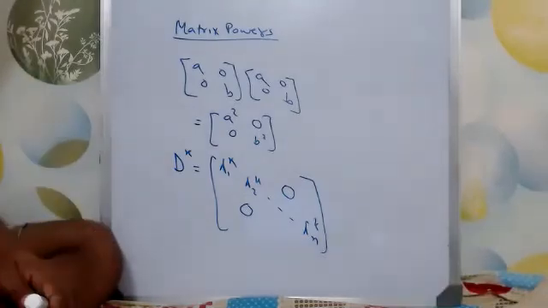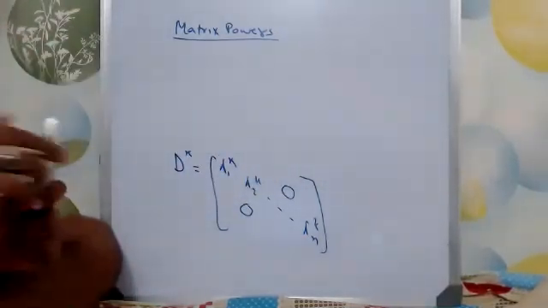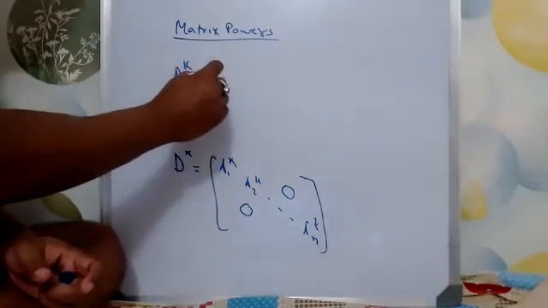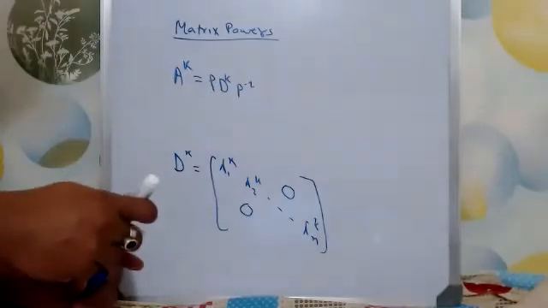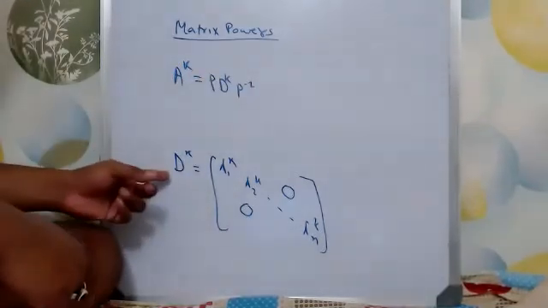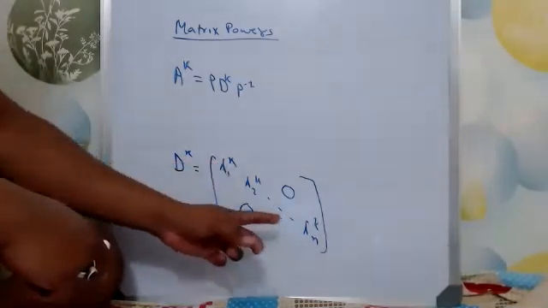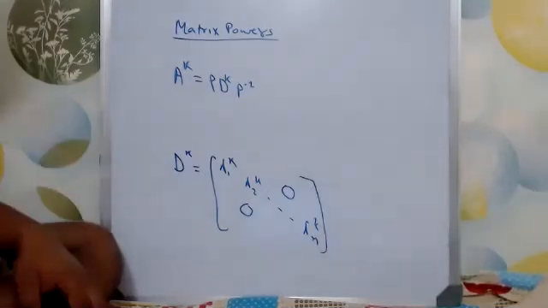So that means it becomes really easy for me to calculate the power of a matrix. A to the power k is equal to P into D to the power k into P inverse. I just have to calculate the eigenvalues and eigenvectors, then raise D to the power k, which is raising all the eigenvalues to the power k, and then multiply everything to get A to the power k.